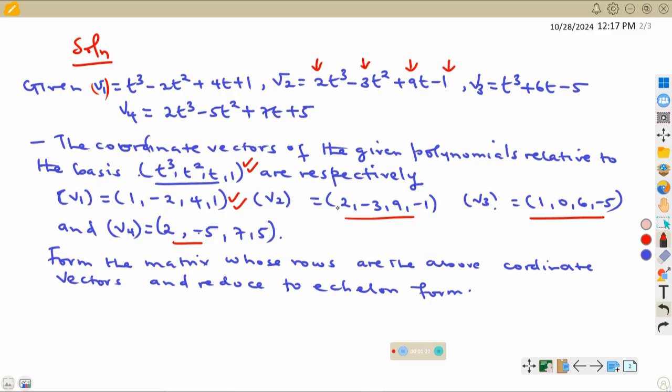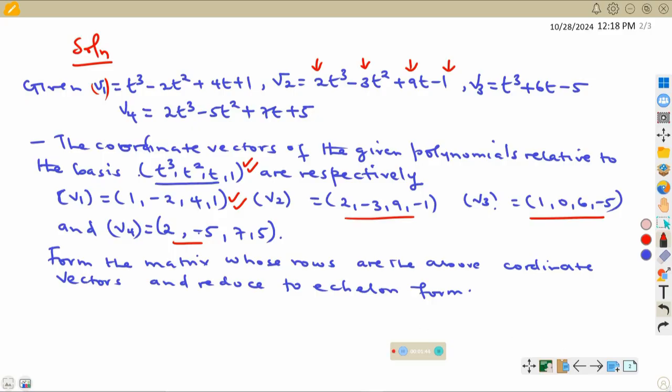As we said in our previous lecture, when you obtain the echelon form, then you have to look at the non-zero rows, and those non-zero rows will be forming what we call the basis, and from that you will be able to get the dimension. So let us look at the matrix corresponding to these vectors.